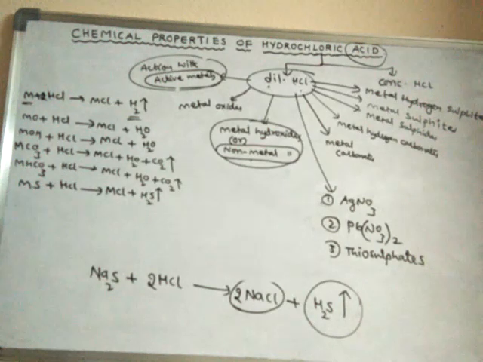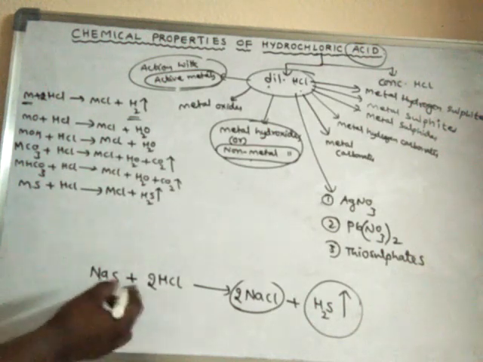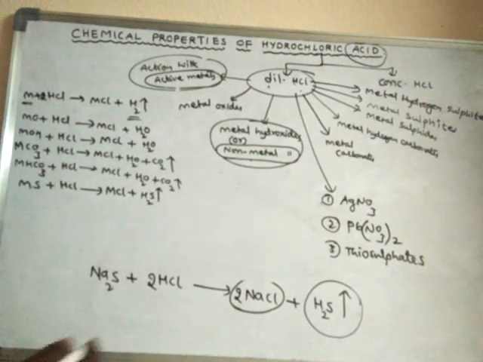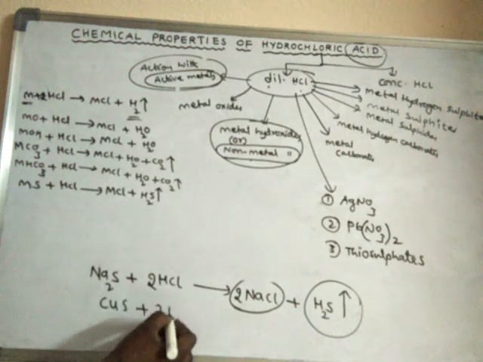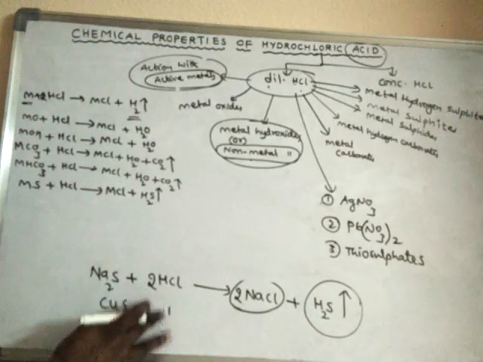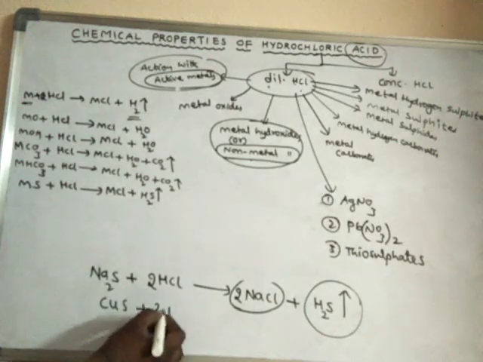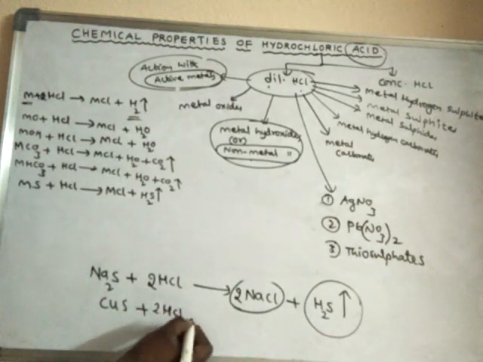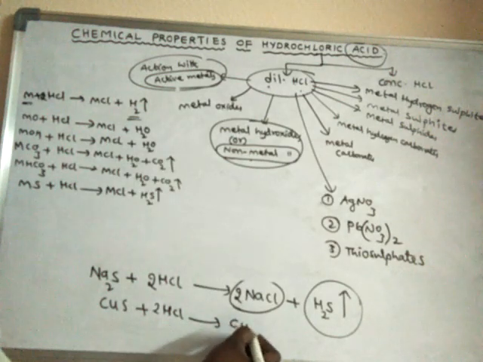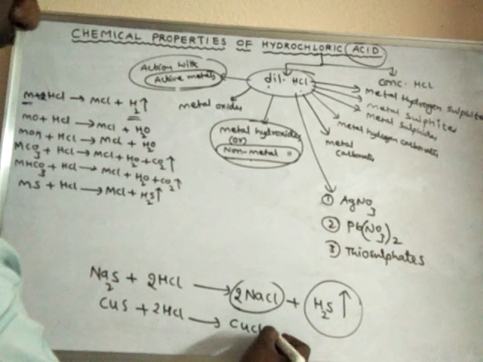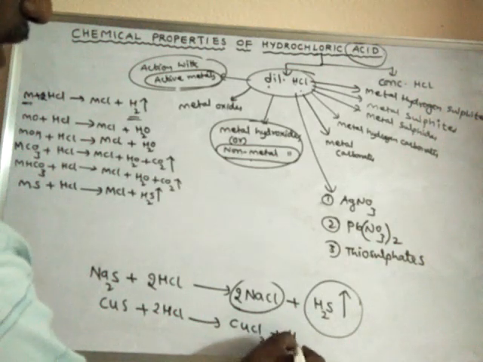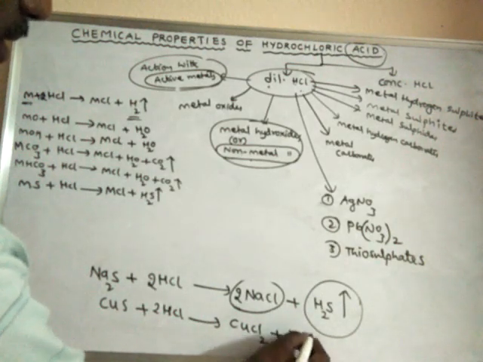One more example: copper sulfide with dilute hydrochloric acid forms copper chloride, metal chloride, plus H2S gas, hydrogen sulfide gas.